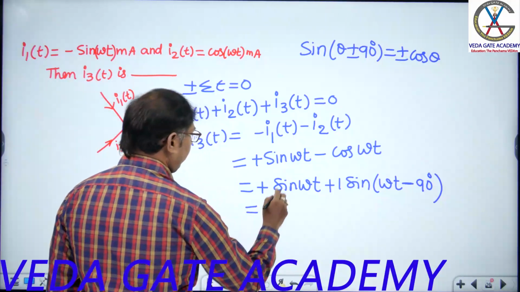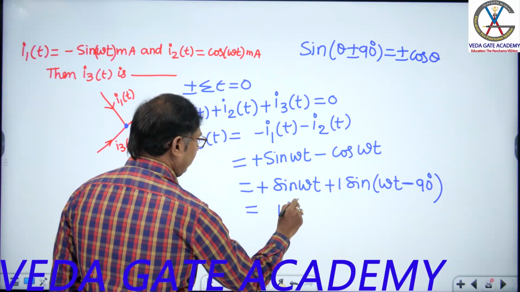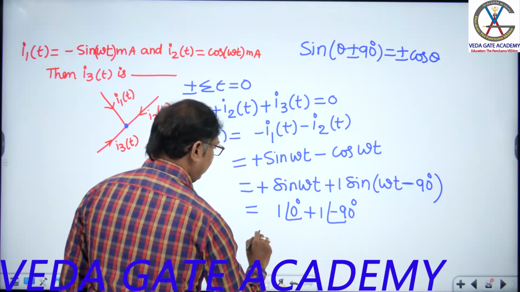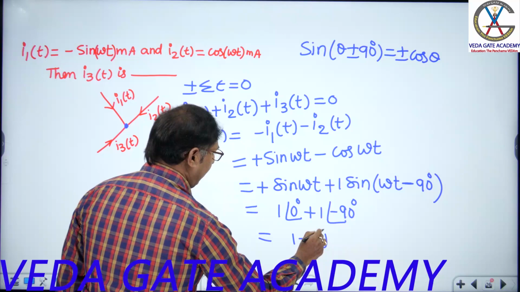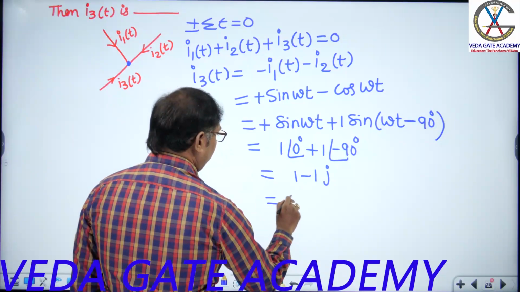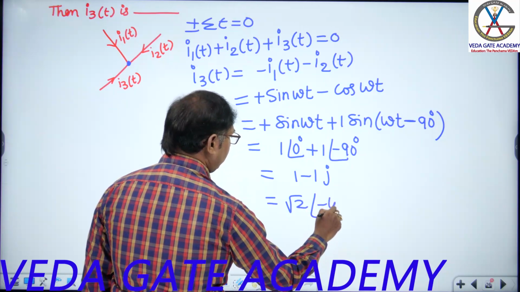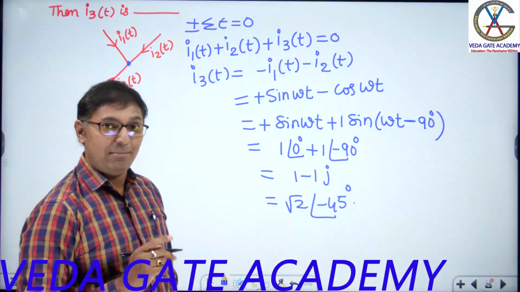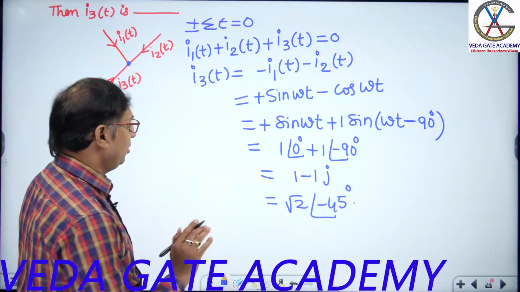Writing this in phasor form: 1 at an angle 0 degrees plus 1 at an angle minus 90 degrees, which is simply 1 minus 1j. What is 1 minus 1j? Root 2 at an angle minus 45 degrees. Hope you got the point.